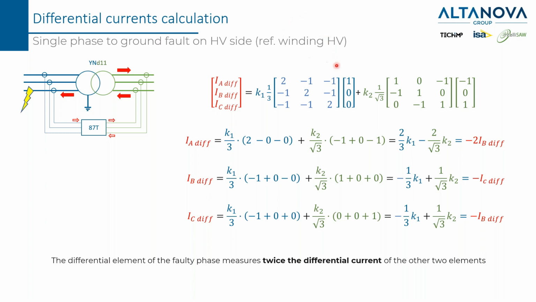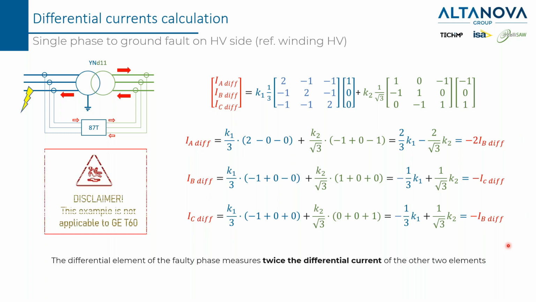It is enough to change the reference winding, then you can see that the differential currents will not be only 2, but they become 3 with these magnitude proportions. So phase A will see the double of the other two phases. This is important because this can bring some strange effects that we will see later.